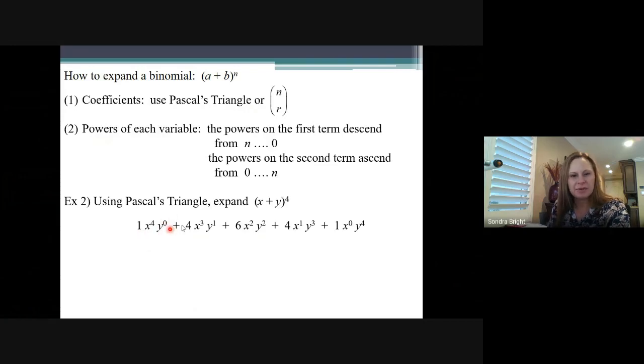You don't need to include the 1 on the power on the y anymore, and I don't need to include this 1 on the x anymore. And 1 and x to the 0 is just 1. So this is x to the 4th plus 4x cubed times y plus 6x squared times y squared plus 4x times y cubed, and then plus y to the 4th.